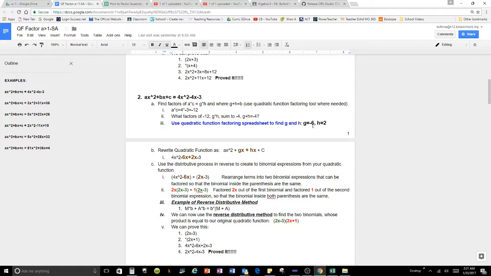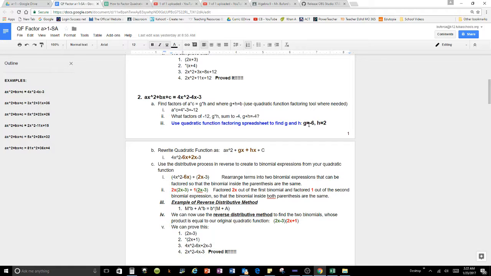Because minus 6 times 2 is equal to minus 12, and when you add minus 6 plus 2 together, you get minus 4. Again, we didn't have to go to the quadratic function factoring worksheet for this, even though you could if you wanted to.